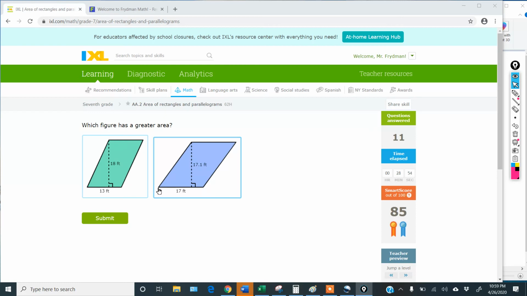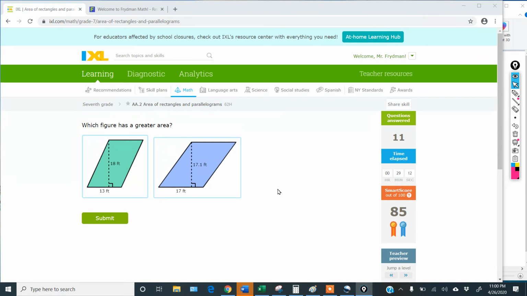So I would say that this area is going to be bigger than this area because the heights are practically the same, but the base here is significantly larger than the base here.